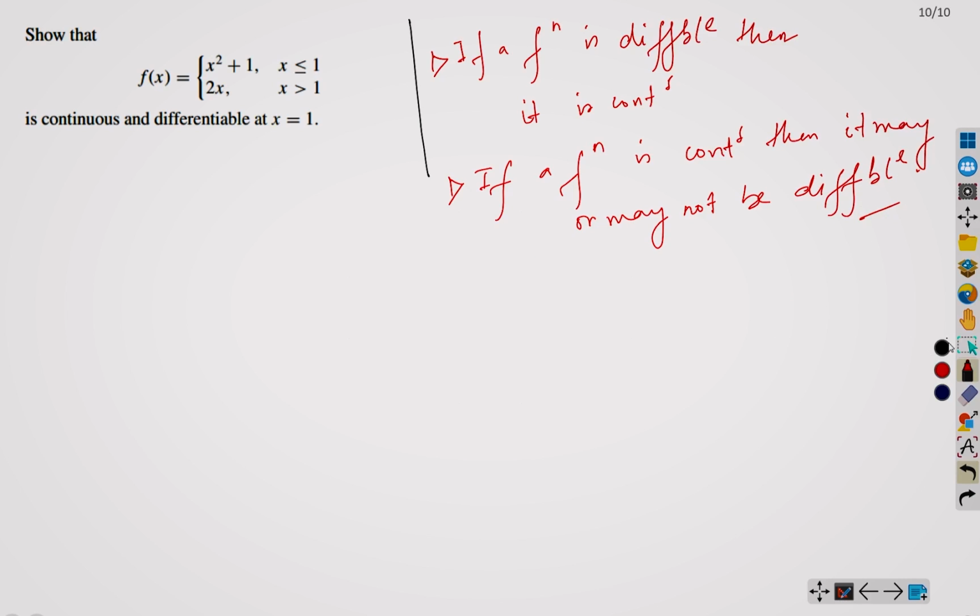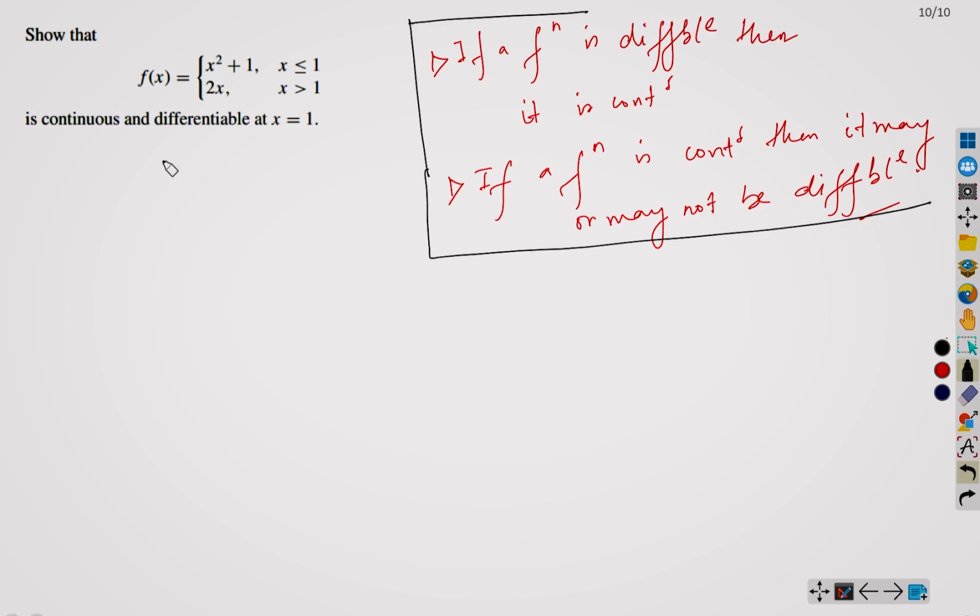Remember these two things, it will be easier for you to solve the problem, because sometimes, if you can show that a function is not even continuous, then showing the differentiability does not even arise. So let's solve this problem.